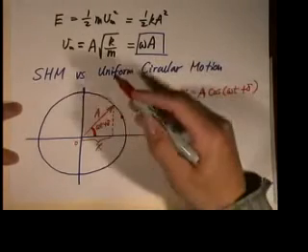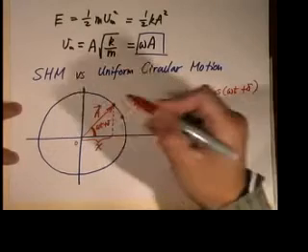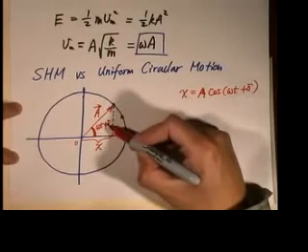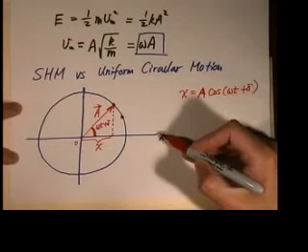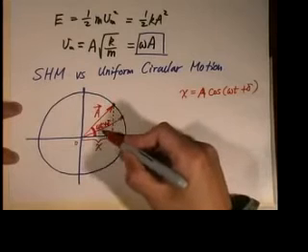The vector which tells us where the object is, we call it vector A. This vector A makes an angle of omega t plus delta from the x-axis. What does that mean? It means that at t equal to 0, the vector is right here, and that angle is delta.